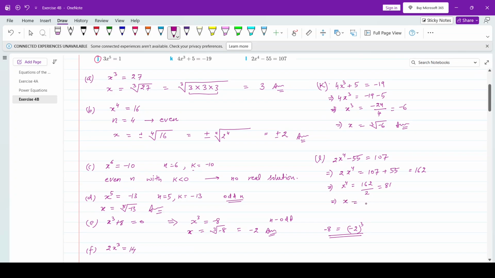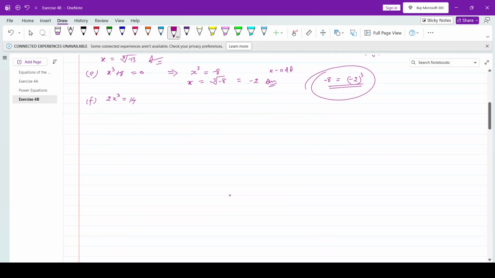And x is going to be plus or minus the fourth root of 81. We know 81 is 3 raised to the power 4. So we can write it as plus or minus the fourth root of 3 raised to the power 4. So this fourth root and this power 4 cancel each other, and we are left with plus or minus 3. That's the answer.